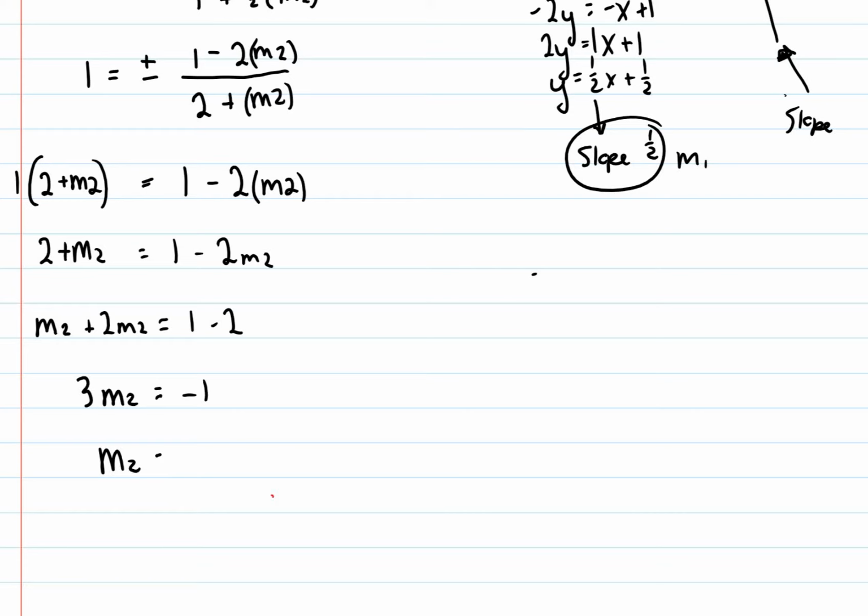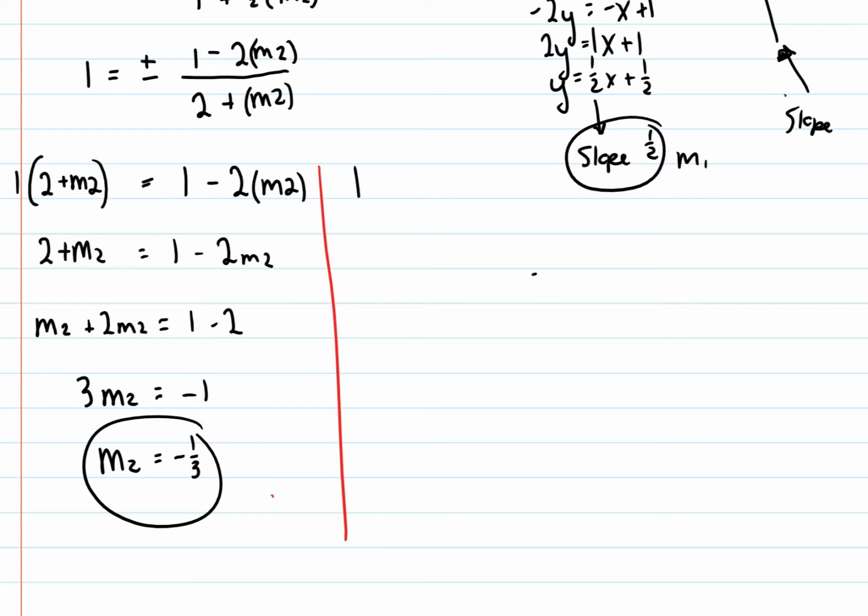So m2 equals minus a third. That's one answer. That's when I had this as a plus. Now let's take the minus version of it.